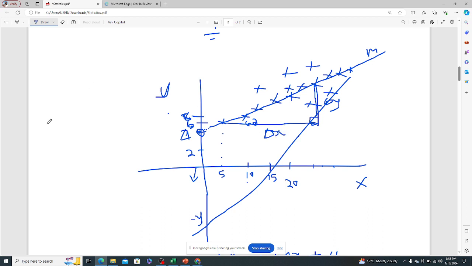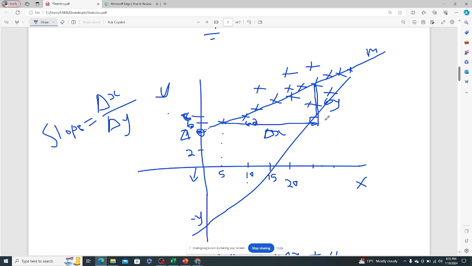Okay, we know that slope is given by change in x, sorry, change in y, right? Just a minute, I want to remember it well. It is change in x over change in y, right? Sometimes it confuses me. It is change in x divided by change in y.